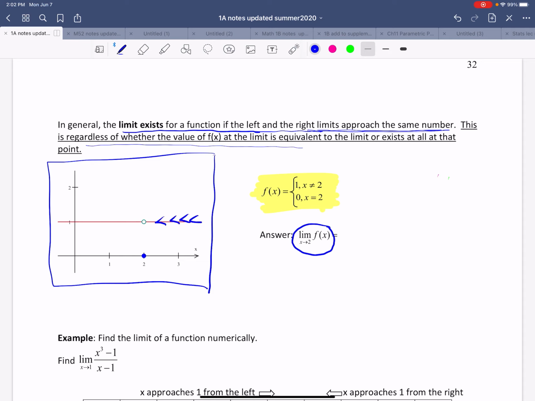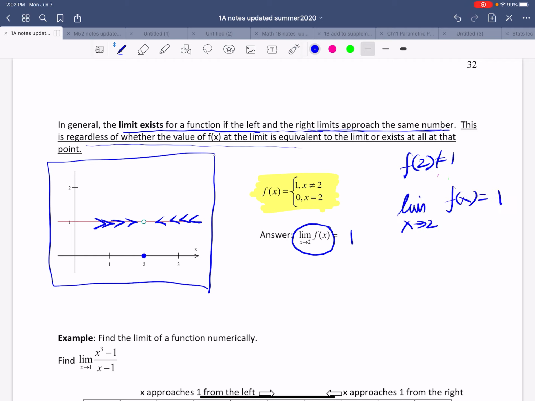When x is getting really close to 2 from the left side and the right side, the y is still equal to 1. Notice that the function is not defined there. There is a hole. F of 2 is not equal to 1. Still, the limit as x approaches 2 of f of x is equal to 1.